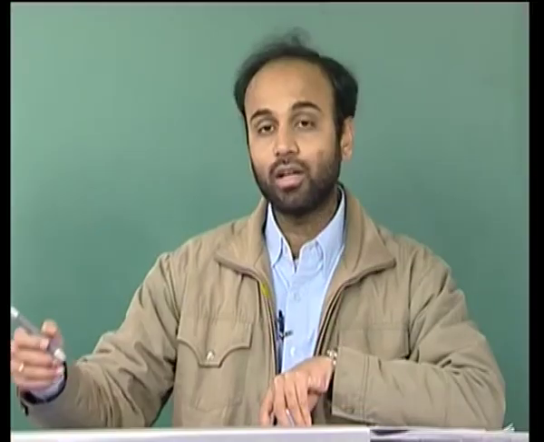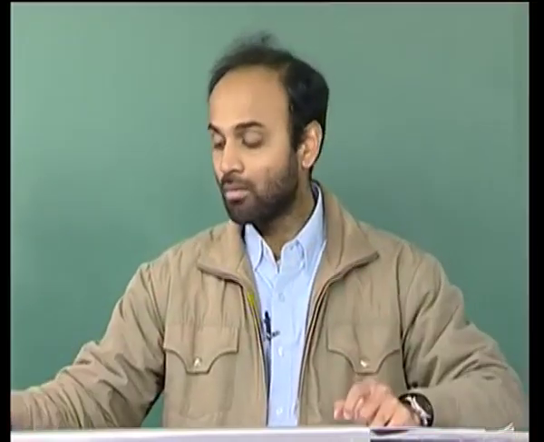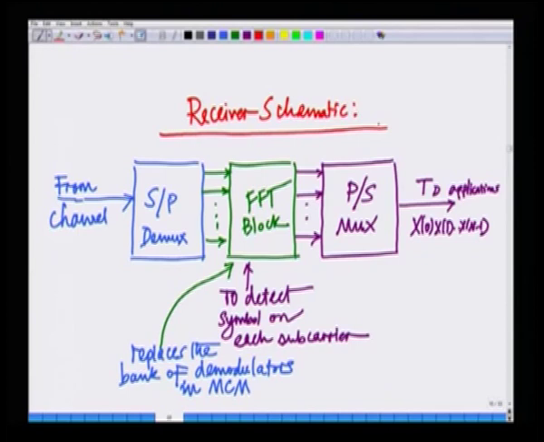This again converts the parallel block into a serial stream, at which point I have my x0, x1, xn minus 1 which are passed on. Alright, and this is an OFDM receiver schematic. Okay, so this is the current receiver schematic that we have.